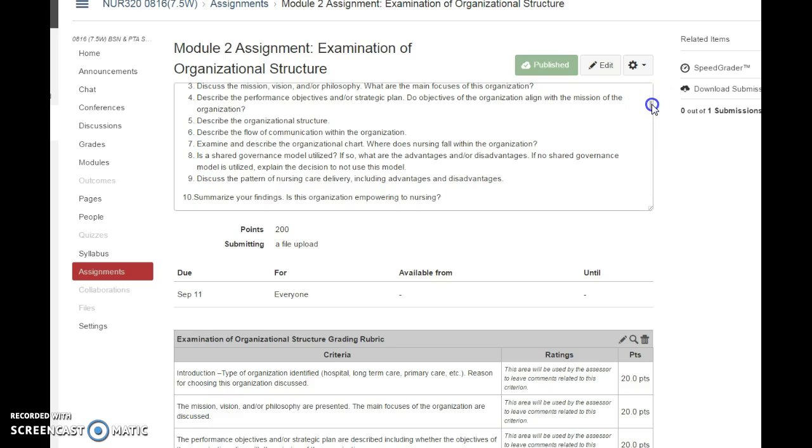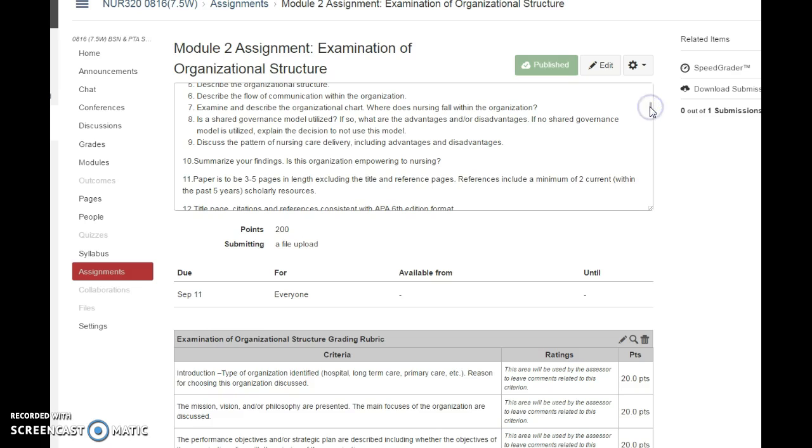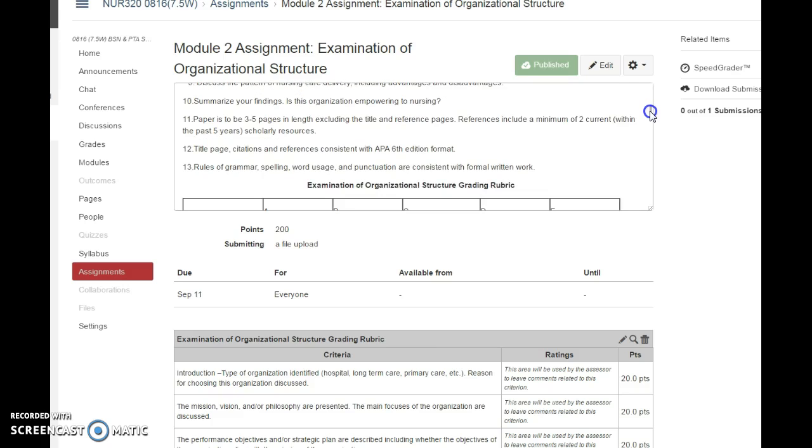Is this a place where you want to work, a good institution that empowers nursing, that does have shared governance, or not? Paper needs to be 3 to 5 pages in length, and that does not include your title and reference page, so a minimum of 3 full pages. And then I think you're pretty much familiar with this, that you will have a title page, citations within your text and references, which are current with APA format, and you're using grammar, English, those types of things.